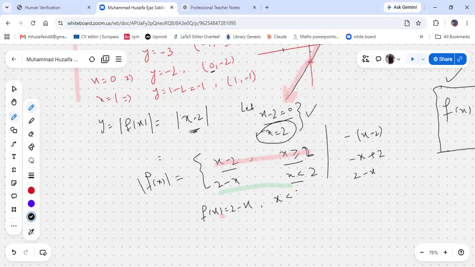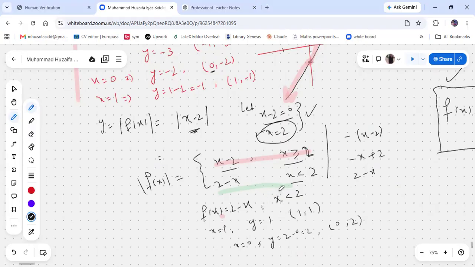Putting x equal to 1, y is equal to 1, so our ordered pair is 1, 1. When we set x equal to 0, y is equal to 2 minus 0, which is 2, so this is 0, 2.